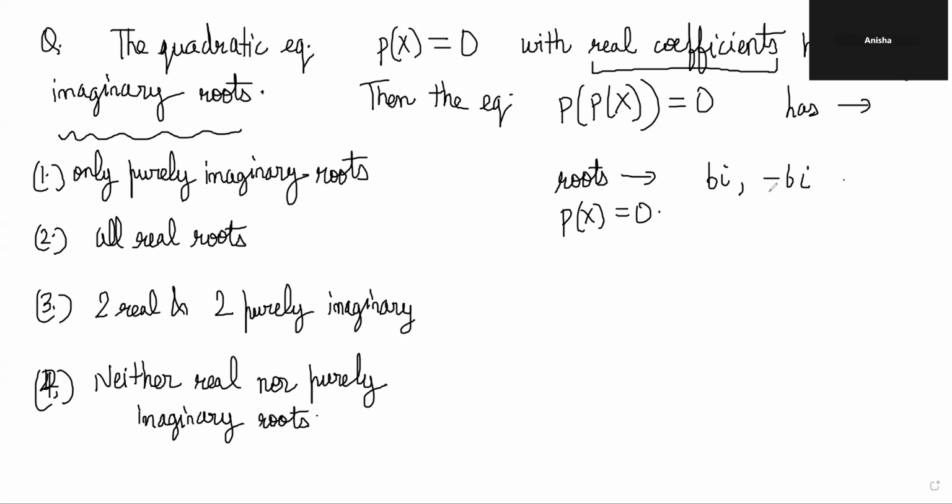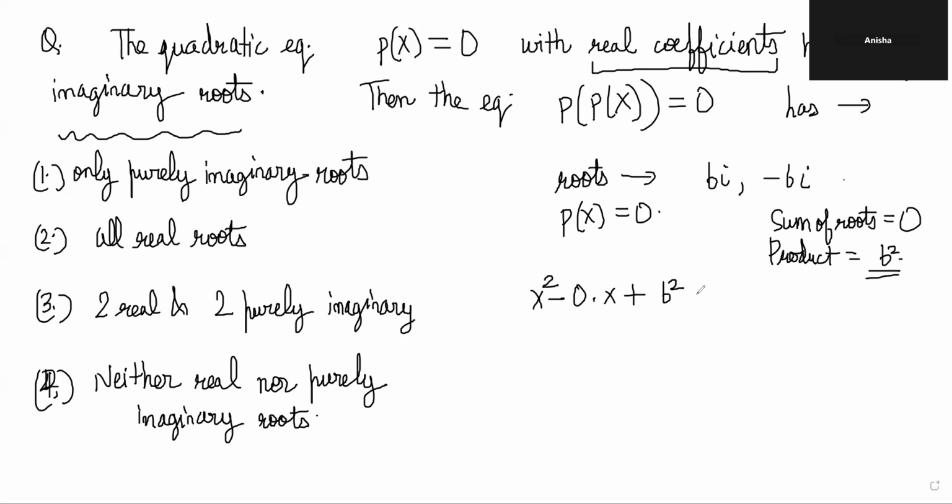So from here you can see the sum of the roots is 0, and the product of the roots is minus b square i square, so b square. It will be a positive number, right? So we can write the equation as x minus 0 times x square minus 0 times x plus b square.